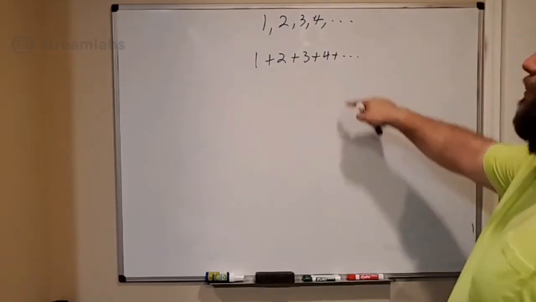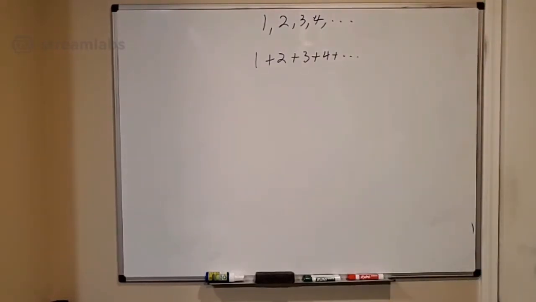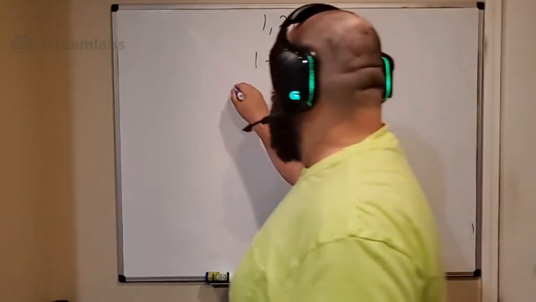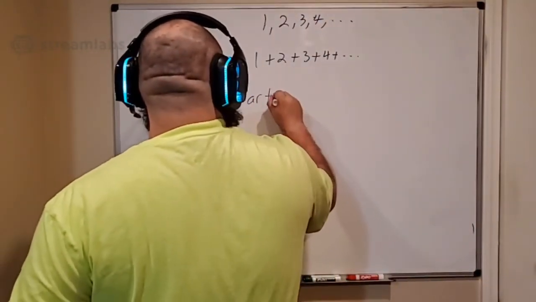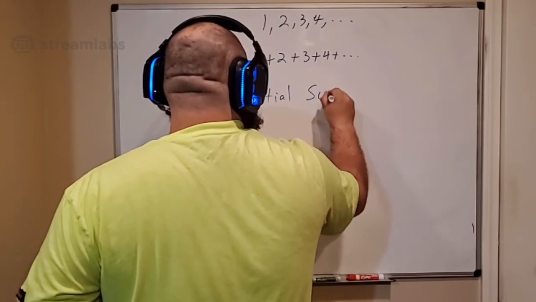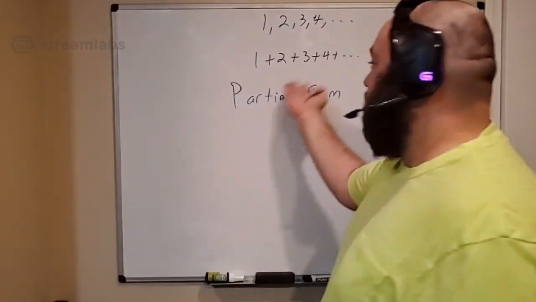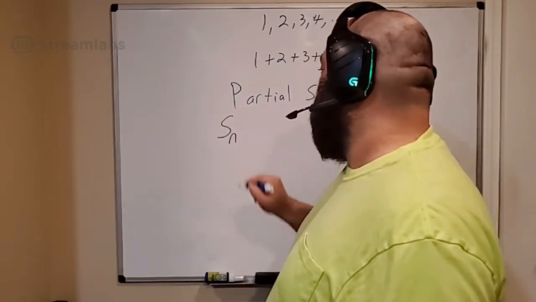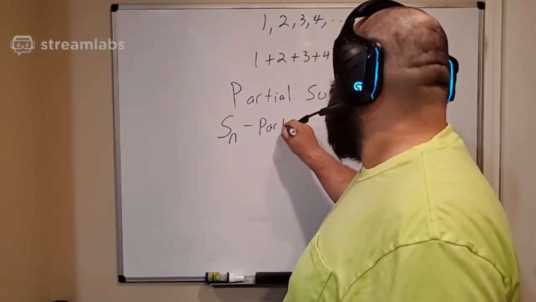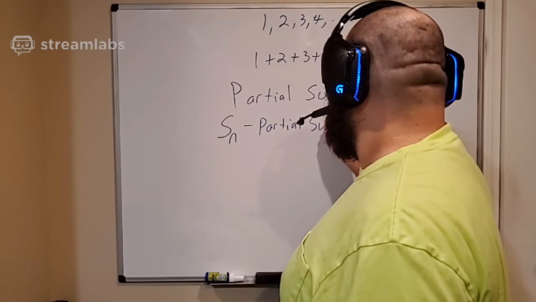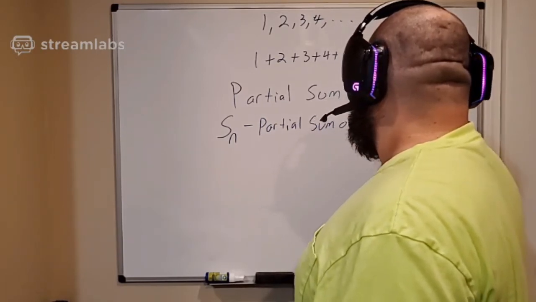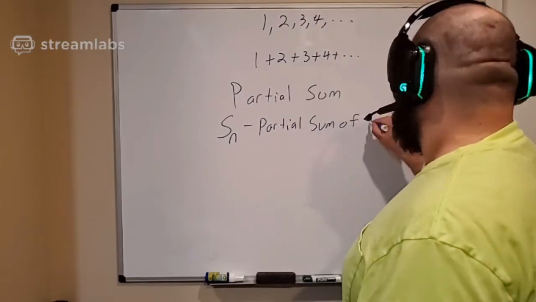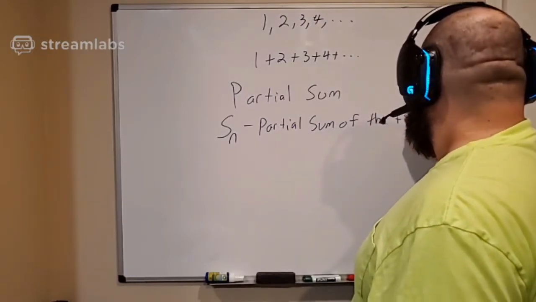So what we do instead is we do what's called a partial sum. A partial sum is where we add up just part of it. This is denoted as S sub n. That is a partial sum of n, or of the first n numbers of a sequence.